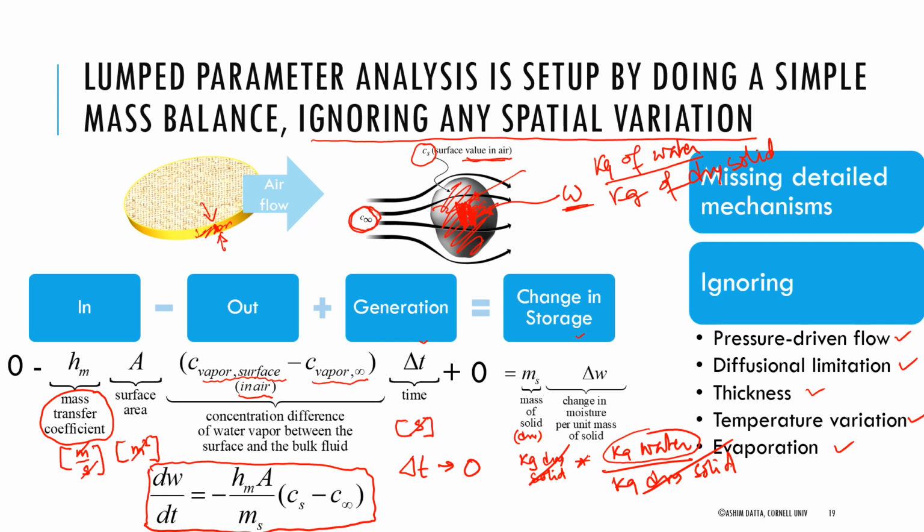So if we ignore all of these and make these very gross assumptions, then we can write this equation for lumped parameter analysis in case of mass transfer.